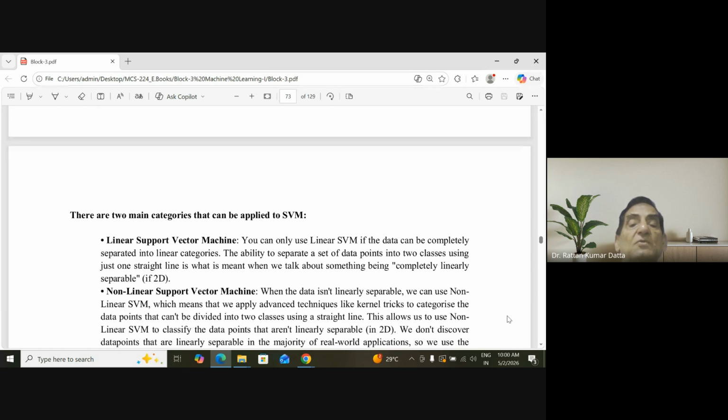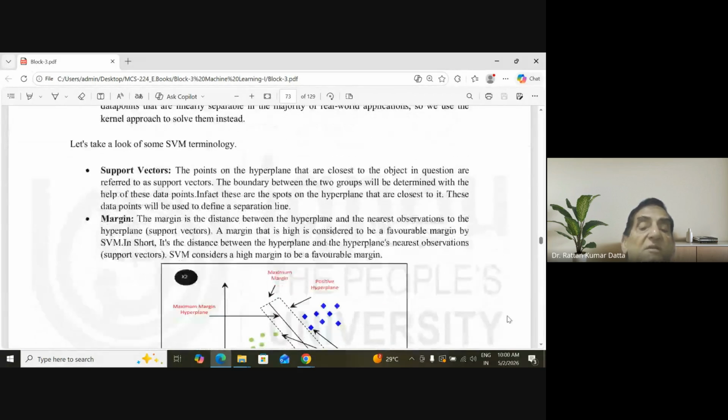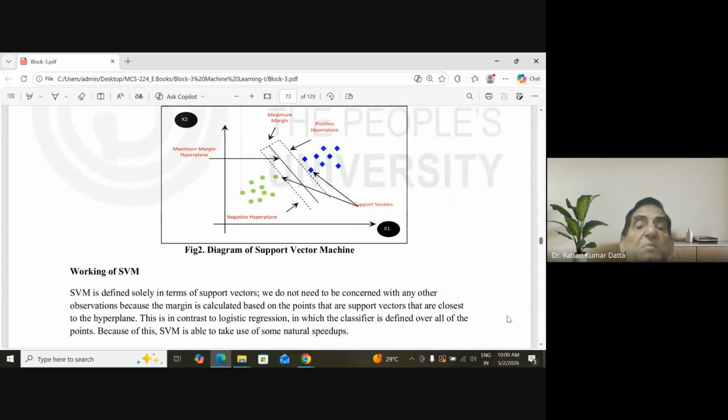You can only use linear support vector machine if the data can be completely separated linearly. Non-linear, when the data isn't linearly separable, we can use non-linear. So this is a diagram of support vector machine. This is a three-dimensional diagram.